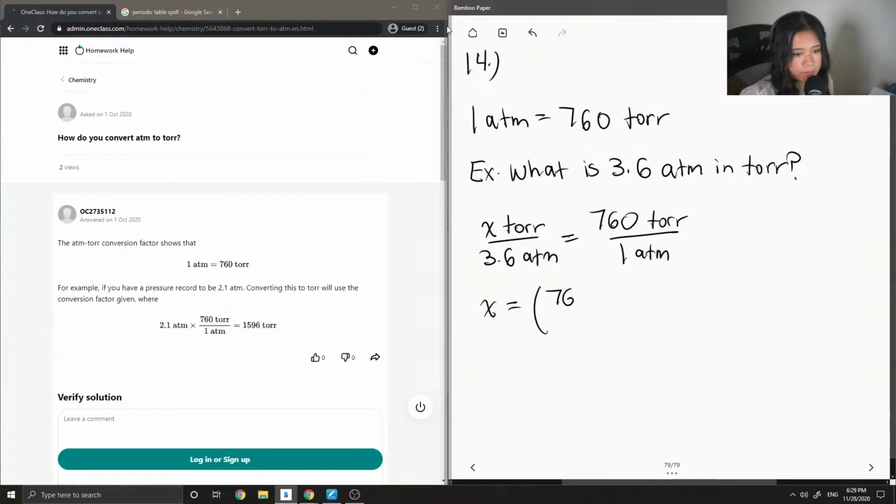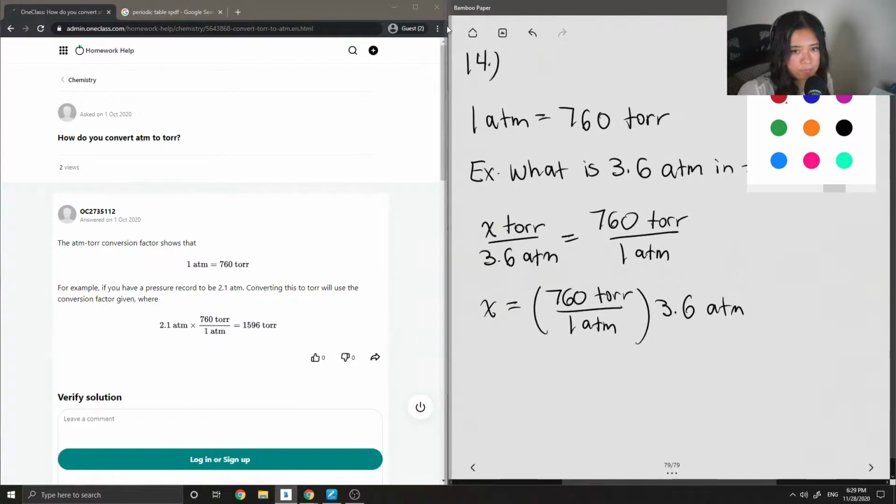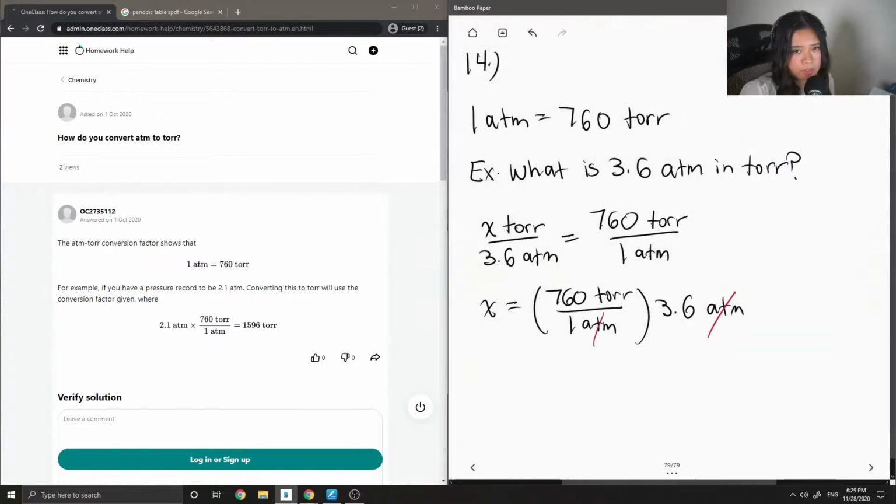So multiply both sides by the 3.6 ATM. And you'll notice that the units should cancel out. So 760 times 3.6 is equal to 2,736 Torr. That's just an example question.